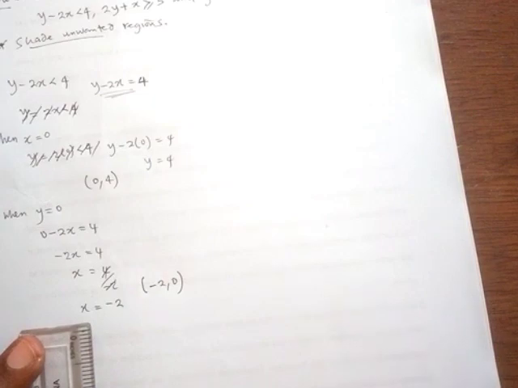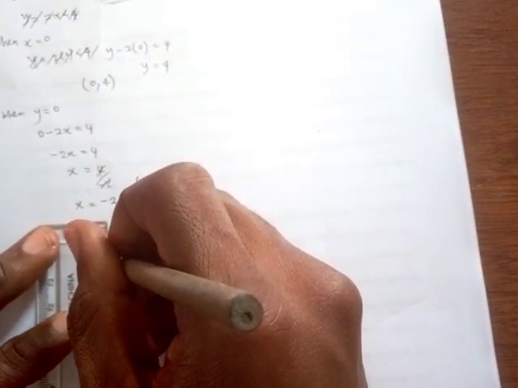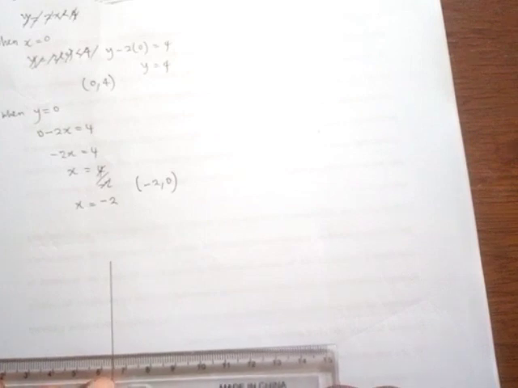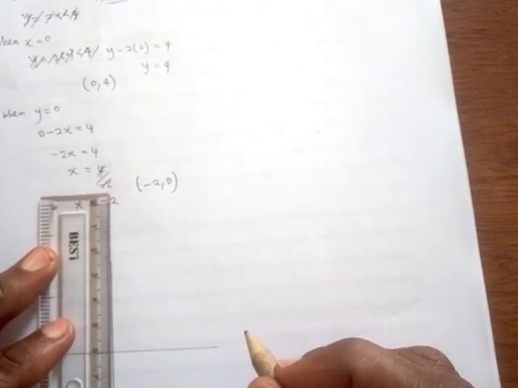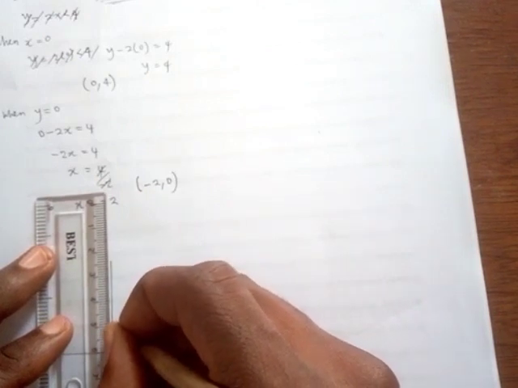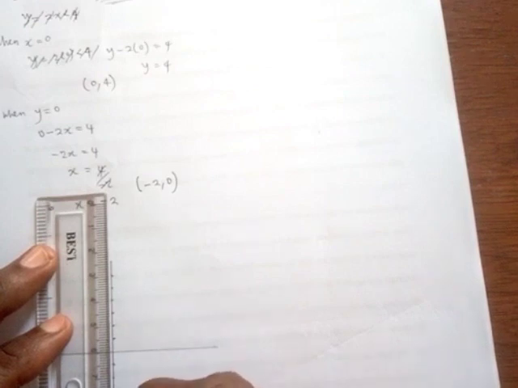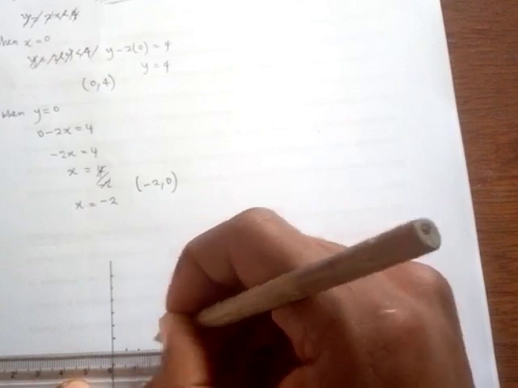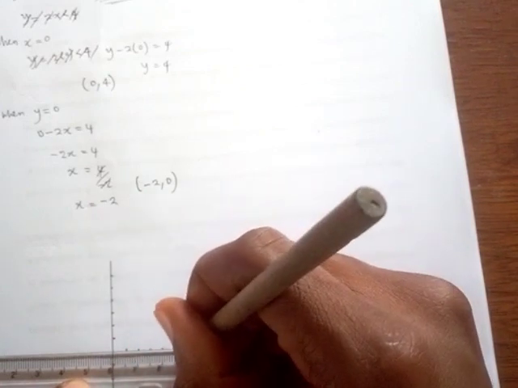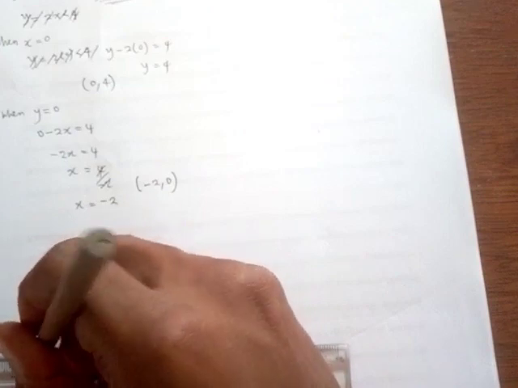So we'll draw our x and y axis. Let this be 1, 2, 3, 4, 5, 6, minus 1, minus 2, minus 3, minus 4, minus 5, minus 6, and on the other axis 1, 2, 3, 4, 5, 6, 7, minus 1 to minus 6.